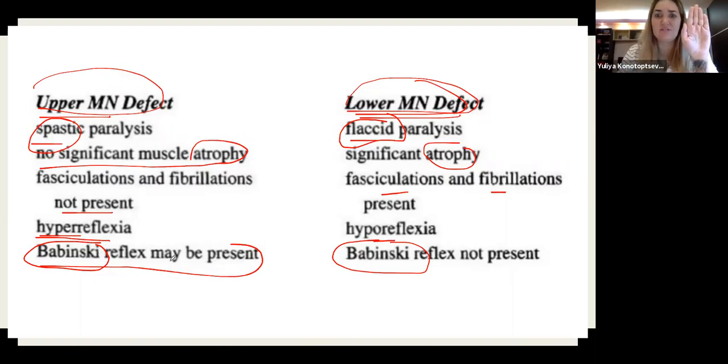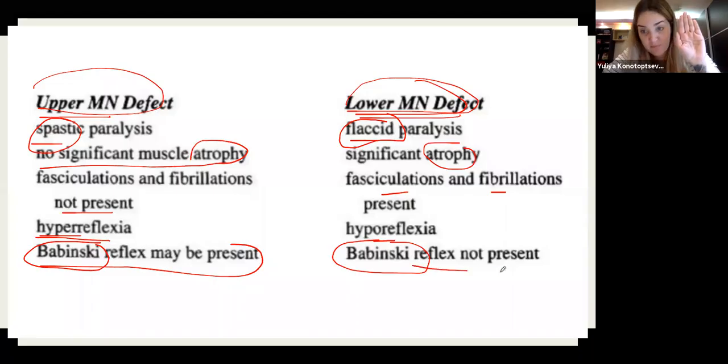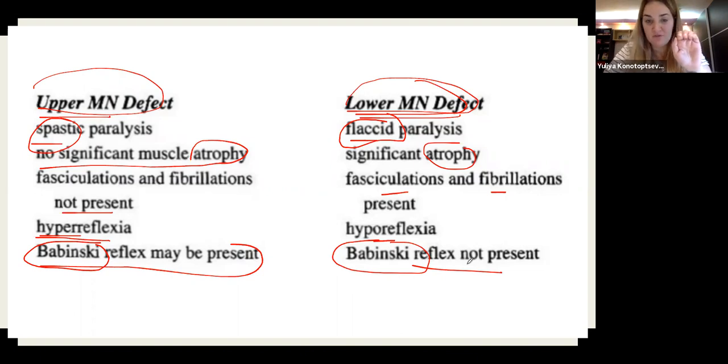Your brainstem is damaged. Your toes do this. Babinski reflex not present is when your toes do this. If I do this movement, they do flexion. This is if it is not present. If it is present, toes do extension. You get it? But watch a video at home.